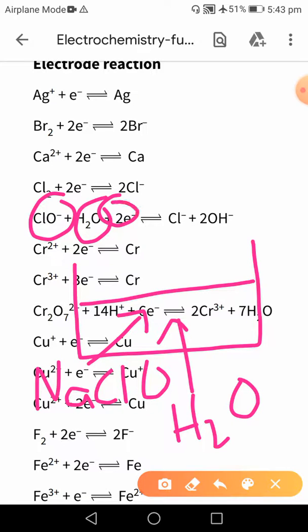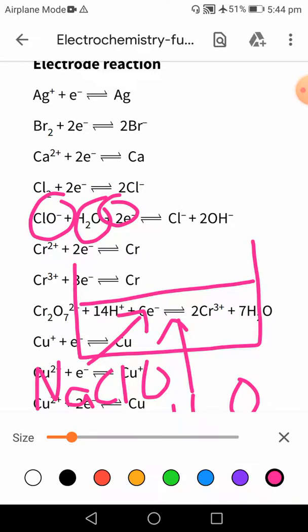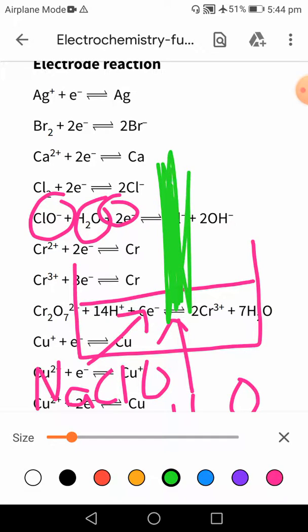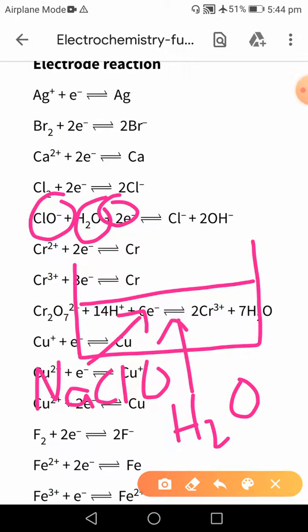Then H2O, so I also add some water inside it along with the solution. Then we have electrons. Since no metals are present all through this equation, I have to use a platinum wire. So this is a platinum.